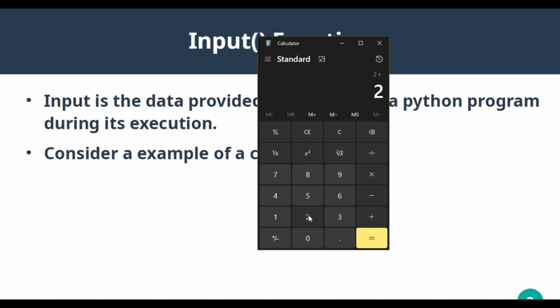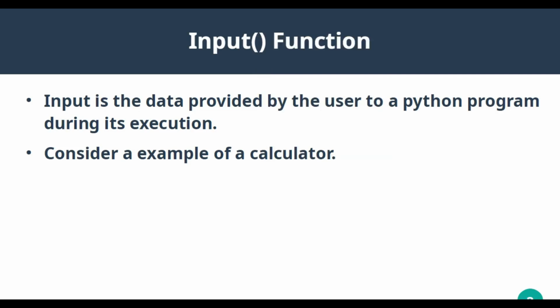So whenever I press equals, this input goes to the program of the calculator, and the calculator in return produces the output of that particular input, that is 4. So this 2 plus 2 here is actually the input given by the user to the program of the calculator, and the calculator in return produces the output 4.